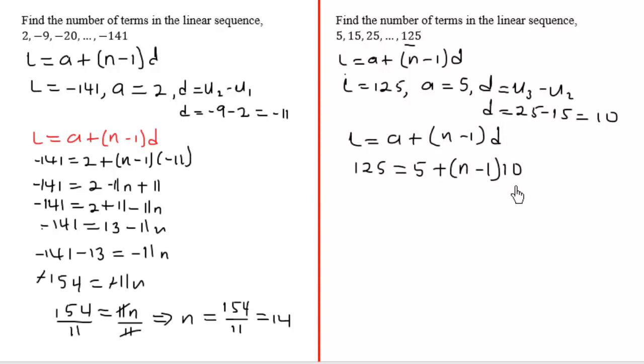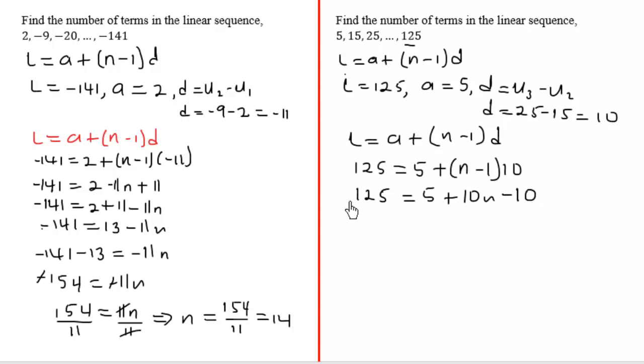Alright, so what we are going to do is multiply through by 10, multiplying 10 by those in the brackets to expand. So 125 is equal to 5 plus, now 10 times n gives us 10n, and 10 times negative 1 gives us negative 10.